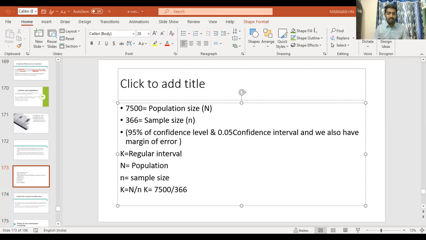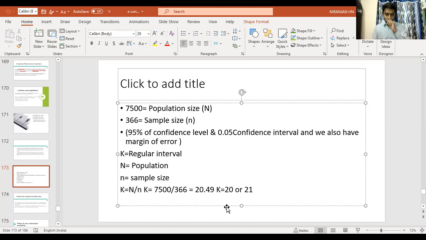It will be 20.49. So we can round this off: K equals 20 or 21. You have two possibilities here, you can take either 20 or 21. So as per the survey, out of 7,500 population and within the 366 sample size, our kth member will be the 20th or 21st individual.